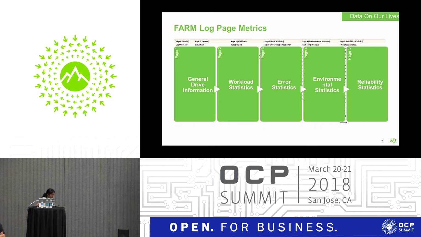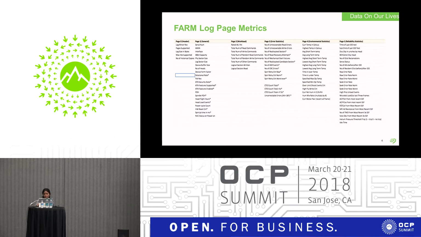Oh, I had a question. The reliability statistics, can you give me an example of what those might include? We can go back to the attributes list. Kind of hard to read that. Yeah, so some of the reliability metrics are servo level metrics.